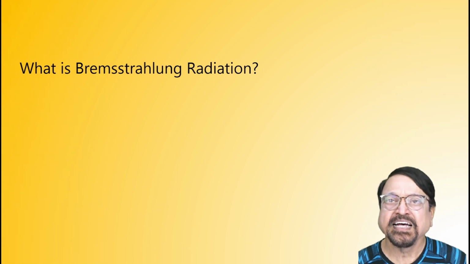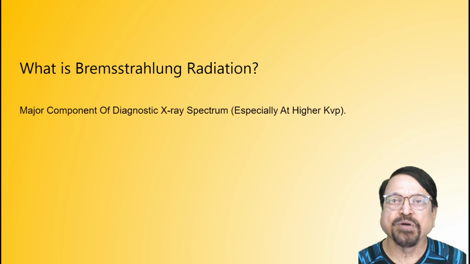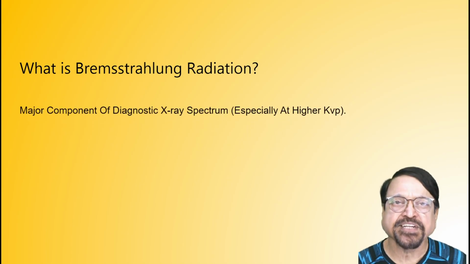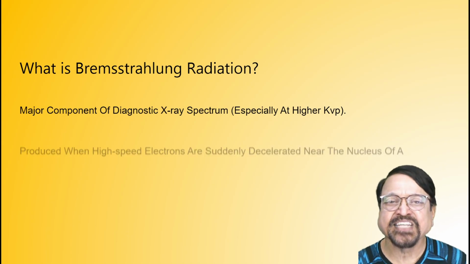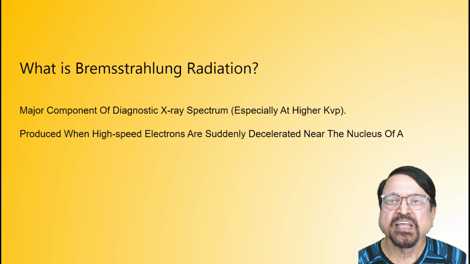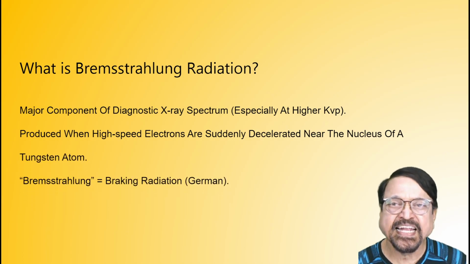Now, what is Bremsstrahlung radiation? It is the major component of the diagnostic X-ray spectrum, especially at higher kVs. Let's take from 60 onwards. It is produced when high-speed electrons are suddenly decelerated near the nucleus of the tungsten atom. That is what we have seen.